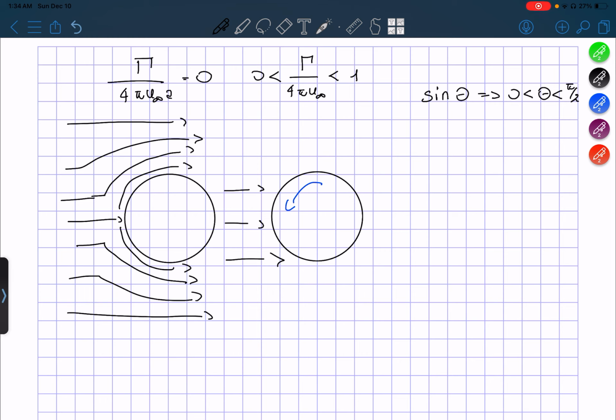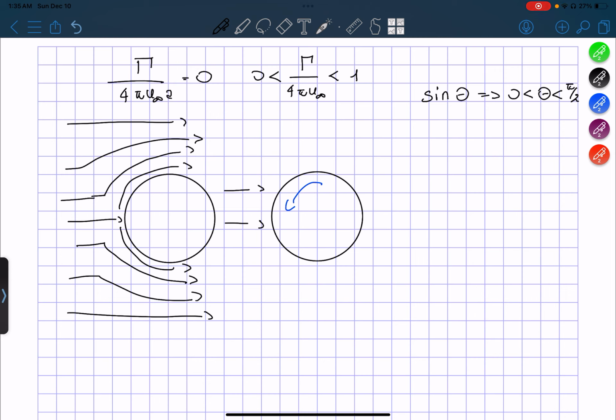Let me just make sure that I don't make mistakes. Okay, so we say there's no separation, so it just keeps going like this.